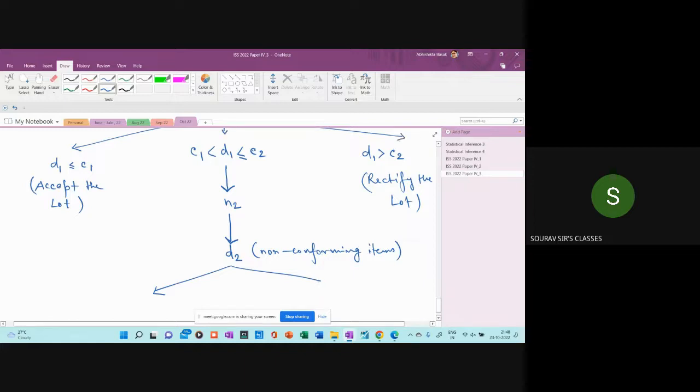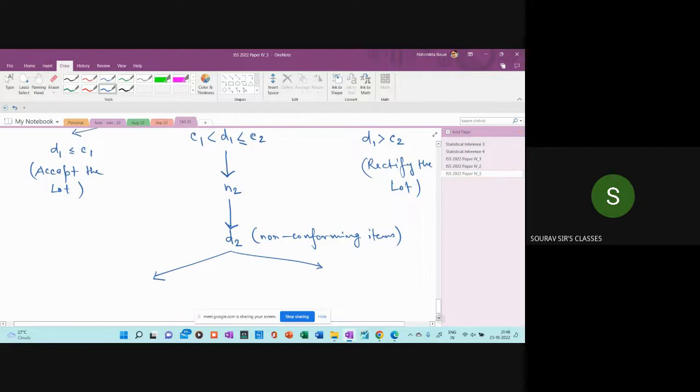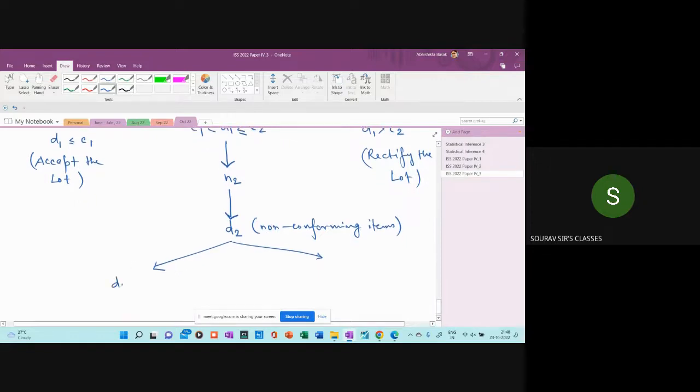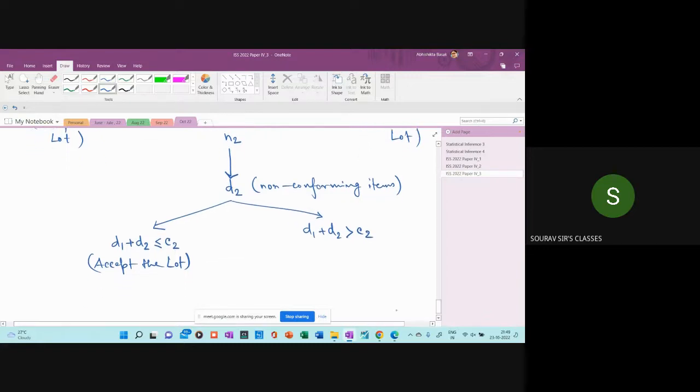When d1 plus d2, that is the total number of non-conforming items, is less than or equal to the final cutoff c2, then we accept the lot. And if d1 plus d2 is greater than this c2, we rectify the lot.